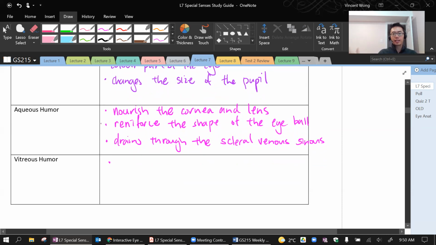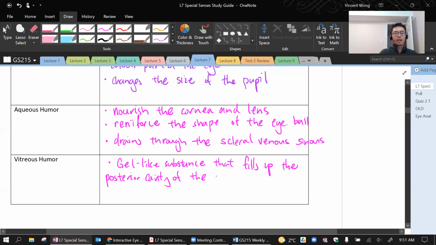Vitreous humor takes up the entire space, the posterior part of the eyeball. It's a gel-like substance that fills up the posterior cavity of the eye.